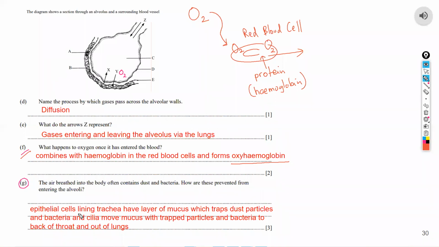And G, well, there are special cells that line the trachea, right? The trachea is the passage from your nose all the way down into your lungs. They have a special layer of mucus which traps the dust particles and bacteria. And there's something called cilia. Some of you were saying that it has special hairs, like on your nose and whatnot.